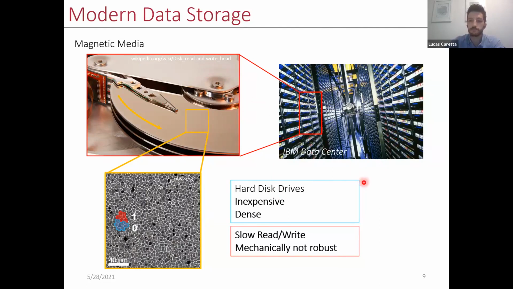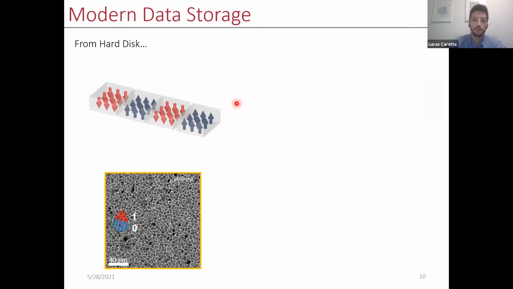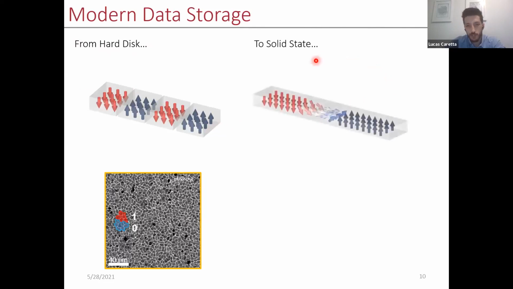So a good part of the field of spintronics has recently been focusing on designing systems where instead of having something like a hard disk where you have discrete and separate bits that physically move the system, you move to something more solid state, where instead you have different regions or domains in the material with different magnetic orientations that are separated by finite transition regions or ribbons called domain walls.